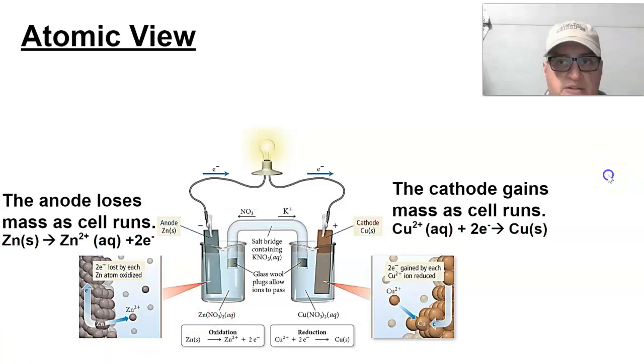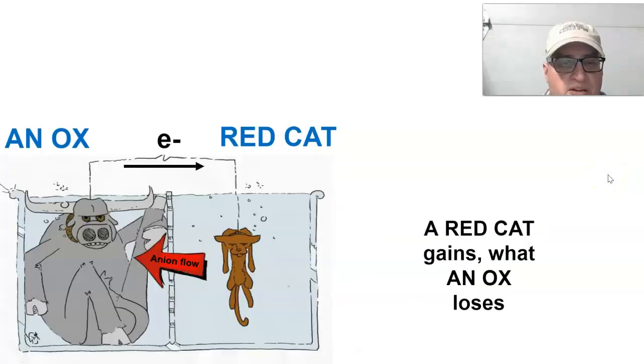Now there's a lot of different mnemonics to help you remember what's going on. So, a red cat: reduced cation, gains. What an ox loses. All of this is trying to keep straight what's going on with what. Anode oxidizes, reduction at the cathode.